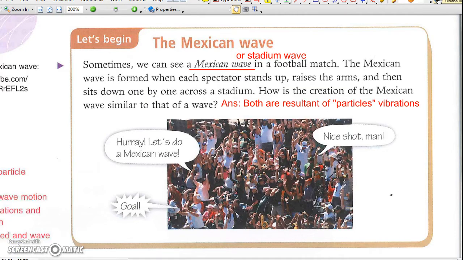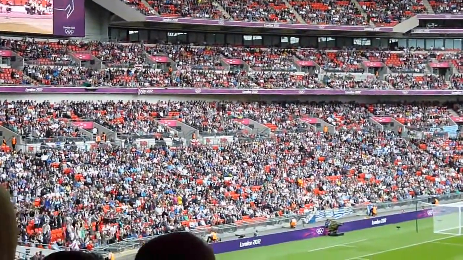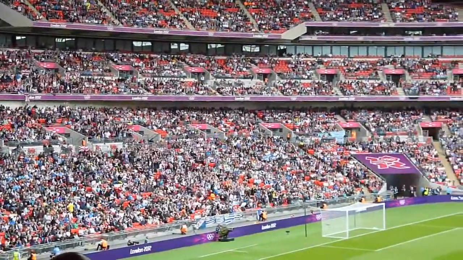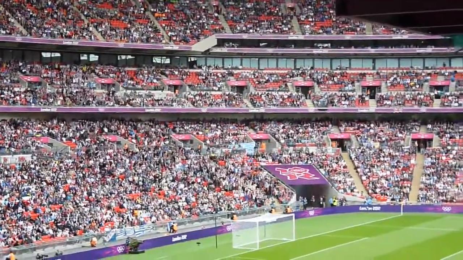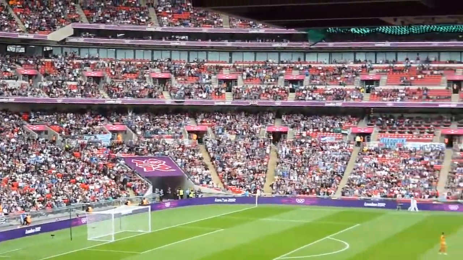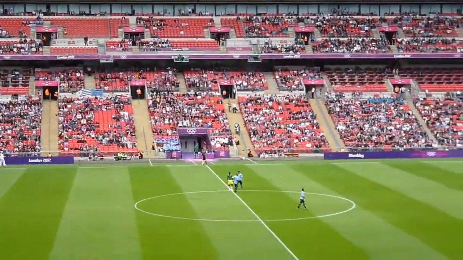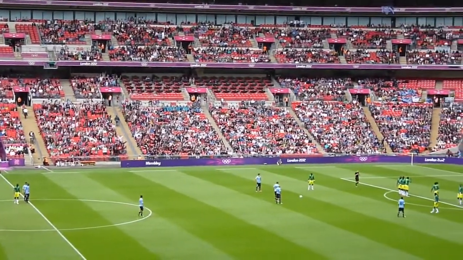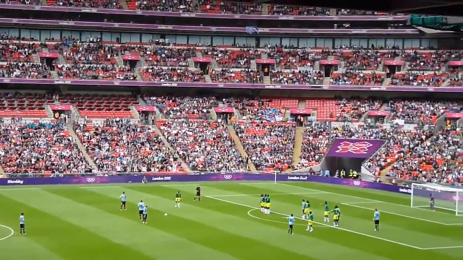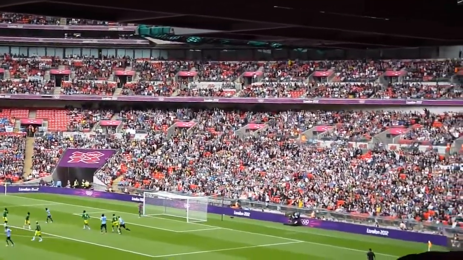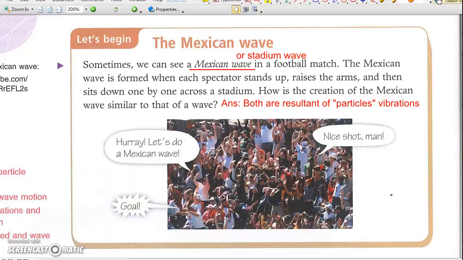First, let's take a look at Mexican wave before we move on. Mexican wave is also called stadium wave.